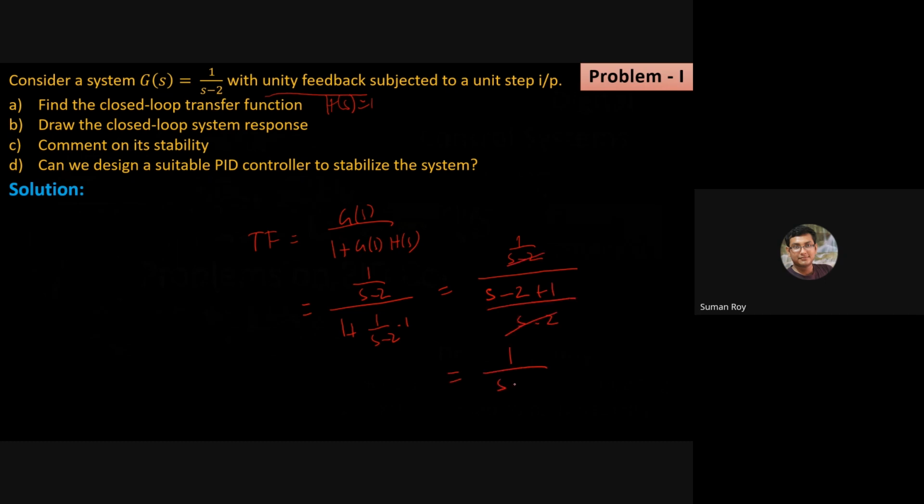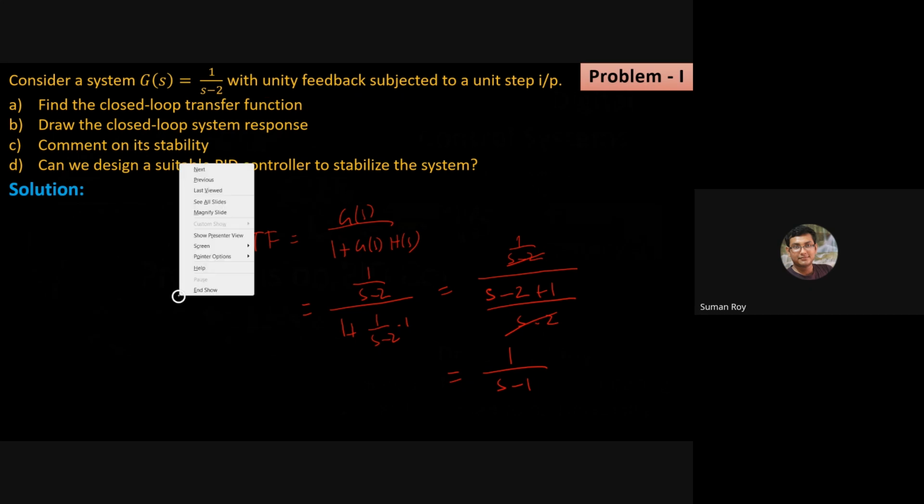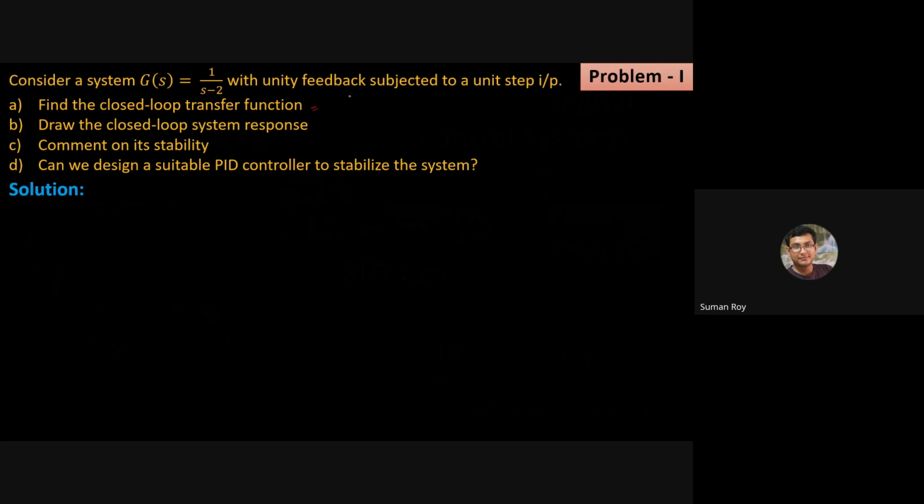Okay, so this is the answer for the first question. Let me erase the whole screen and write down the answer right here: 1 by s minus 1. So this is the closed loop transfer function.